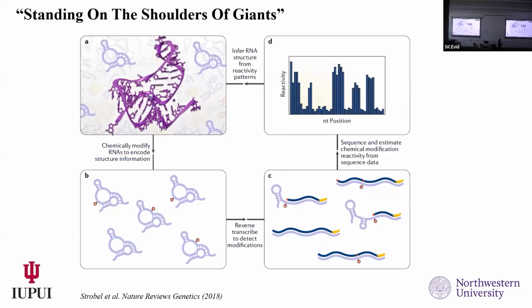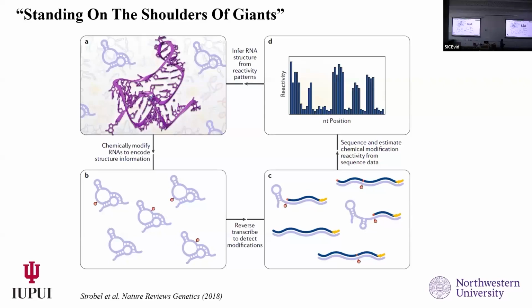Now, you do it in a reasonable way; you don't use excess. If you use excess, all of these are modified and it gets complex. You do enough. There's something called single-hit kinetics where you use enough concentration so each molecule gets one or two modifications. Our collaborator at Northwestern is very good at doing this. Once you do this modification, you do a reverse transcription.